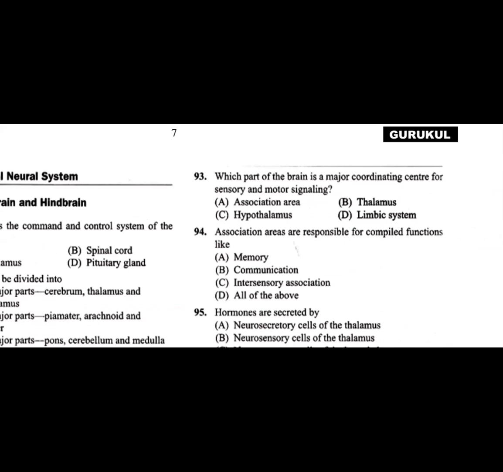That is the relay center, the thalamus. Thalamus is the major part of the brain that coordinates sensory as well as motor signaling, students. So question number 93, thalamus is the answer.